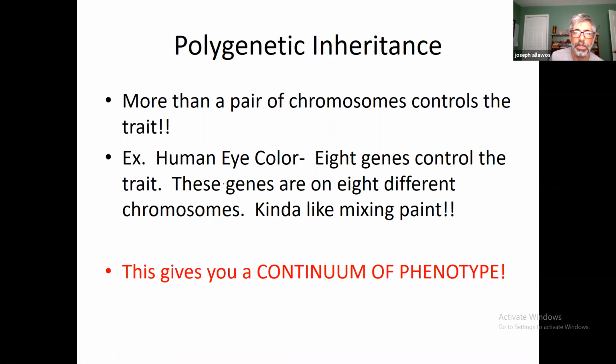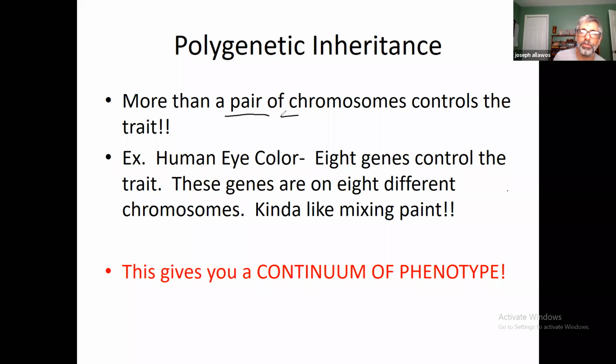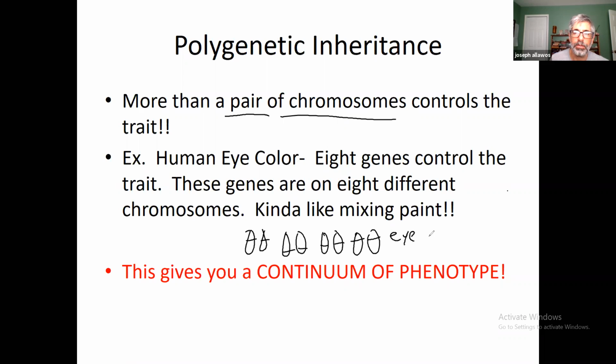Okay, so what we're looking at now in the last unit is called polygenetic or multiple factor inheritance. And in this case, you have more than a pair of chromosomes controlling the trait. A good example of that is human eye color, where it's like this: 1, 2, 3, 4, 5, 6, 7, 8 different chromosomes, 4 homologous pairs, all have a gene for eye color.